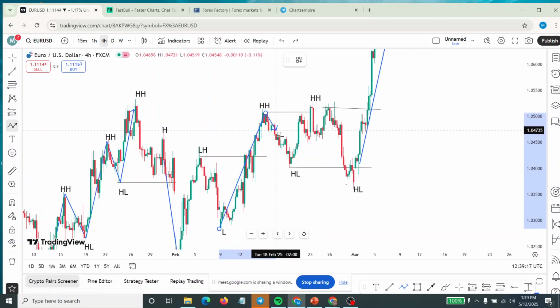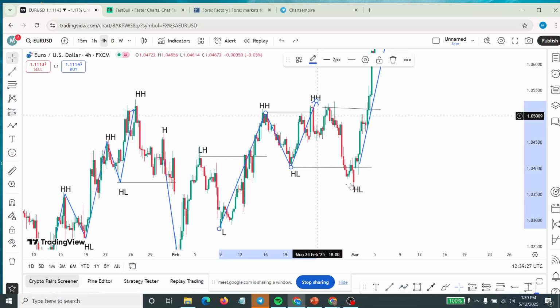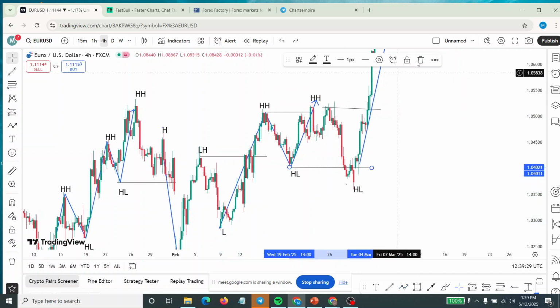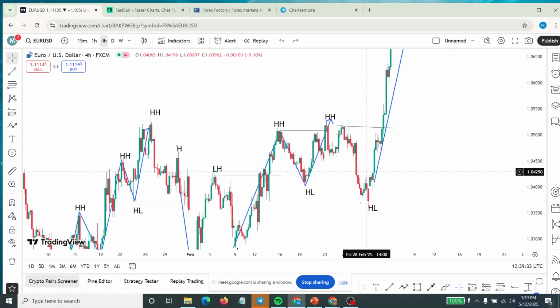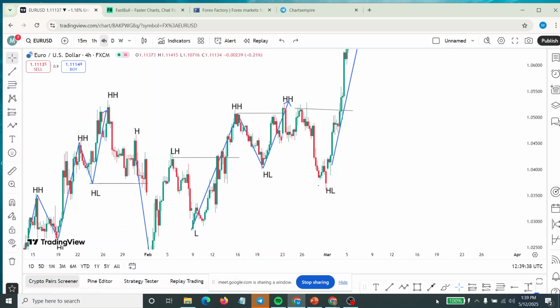With this higher high, we expect a pullback that gives us this higher low. And with this higher low, we experience a new higher high. With this higher high, the market gave us a pullback.